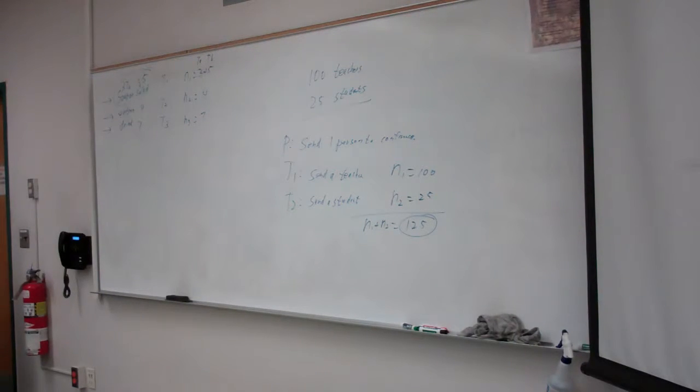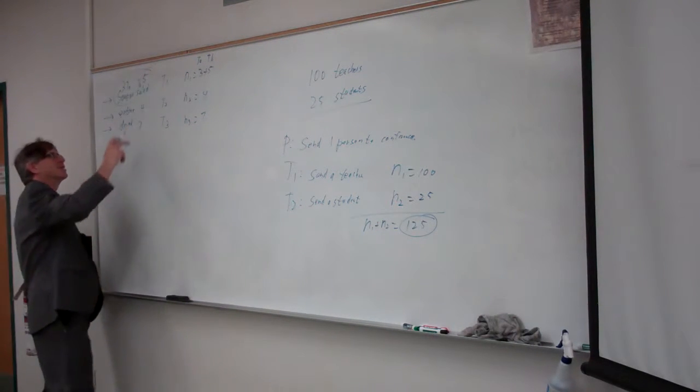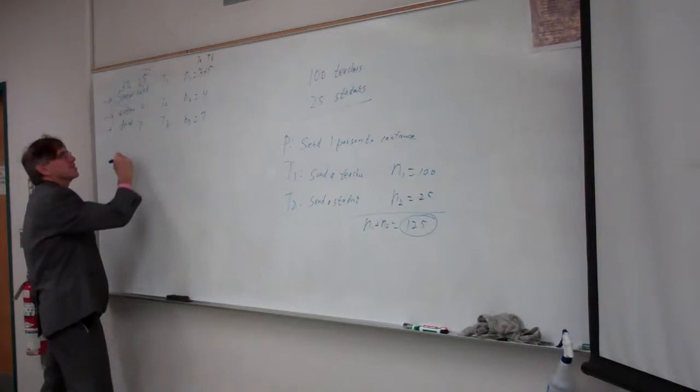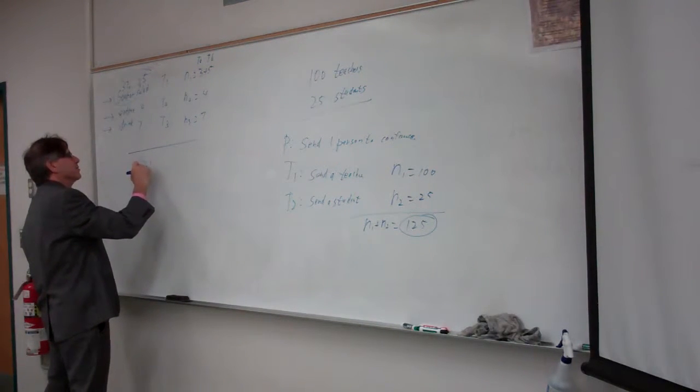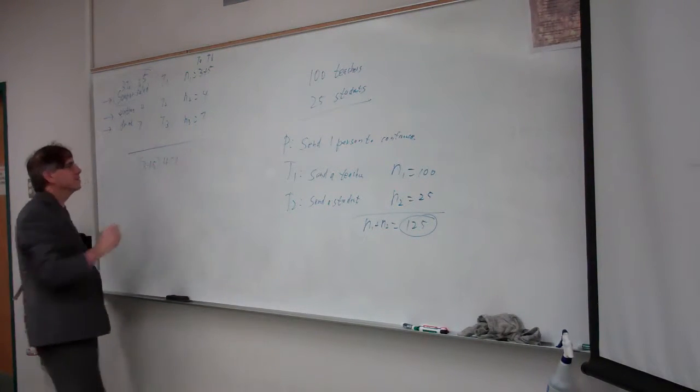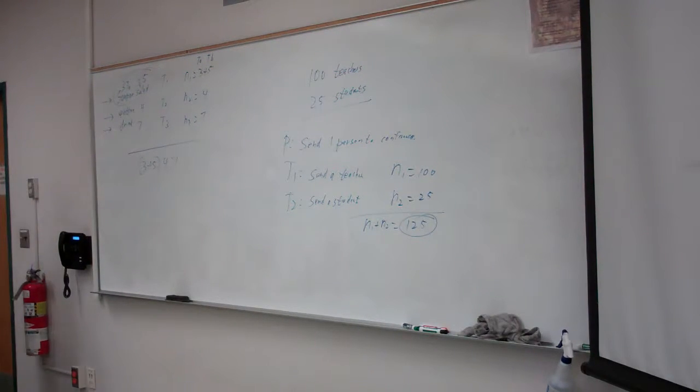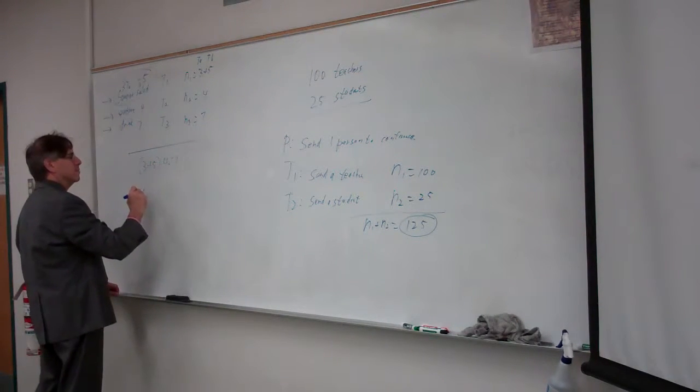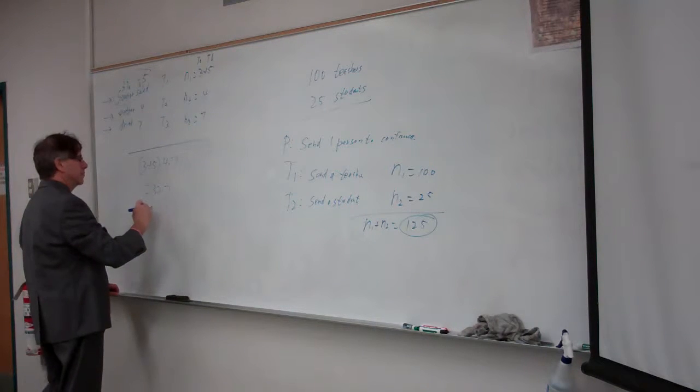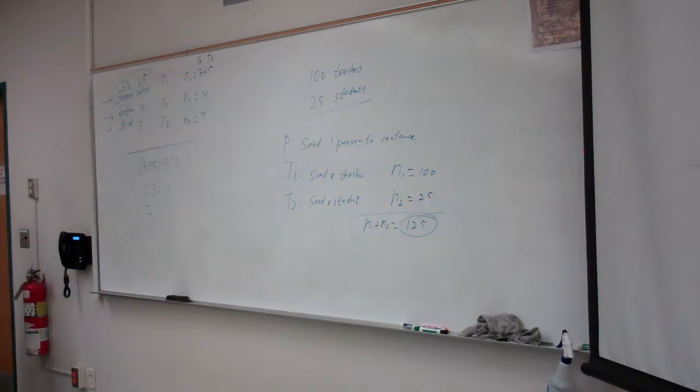And now we can use the product rule because we know we're going to accomplish our task by doing this and then this and this. And so our total number is, as Ian said, 3 plus 5 times 4 times 7. Whatever that is. 256 minus 32. 224.